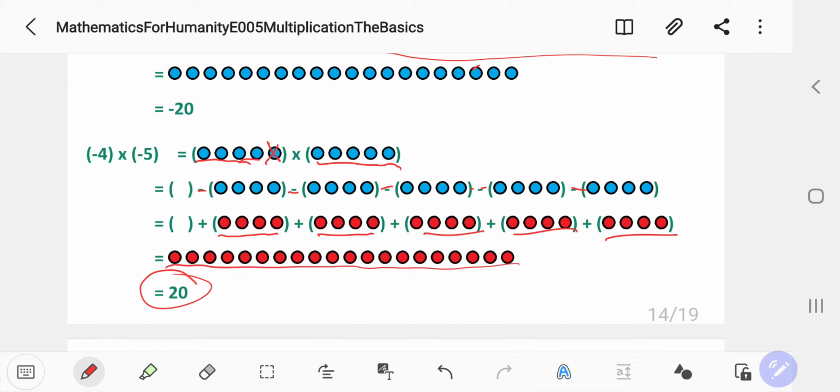So negative 4 times negative 5 is equal to 20. But 4 times 5 is also 20. So let's proceed.